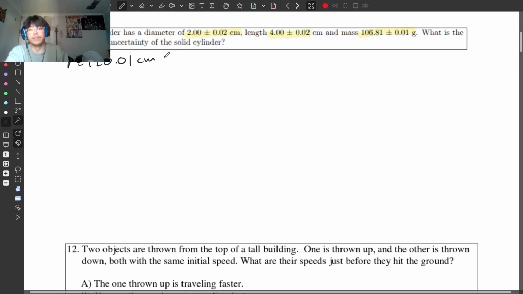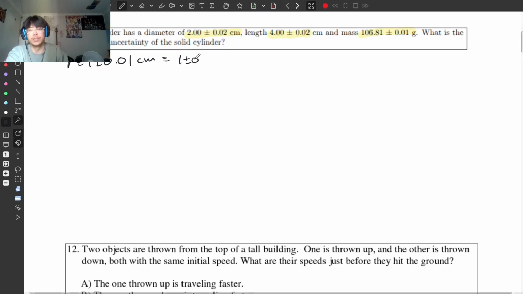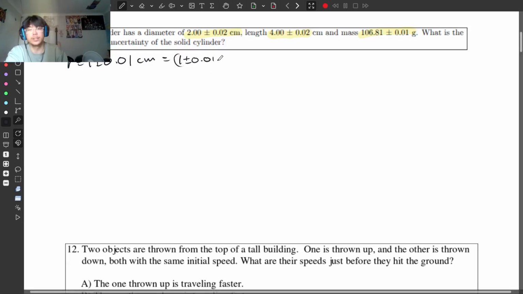And then in meters, this is 1 plus or minus 0.01 times 10 to the minus 2 meters, because there are 100 centimeters in 1 meter. So that's why we do the 10 to the 2 multiplication. Our length is the same thing.